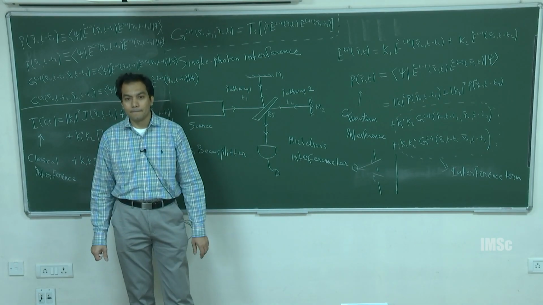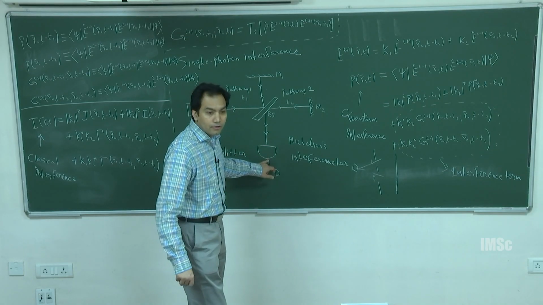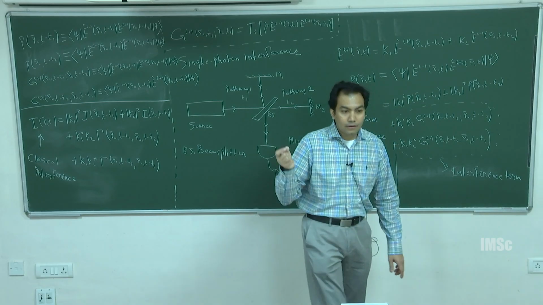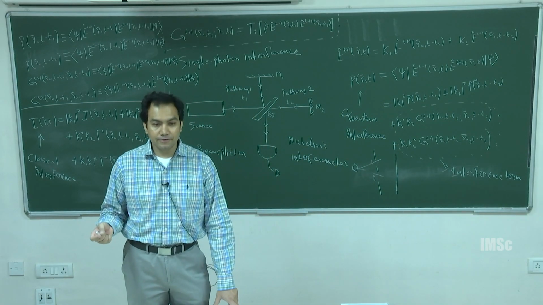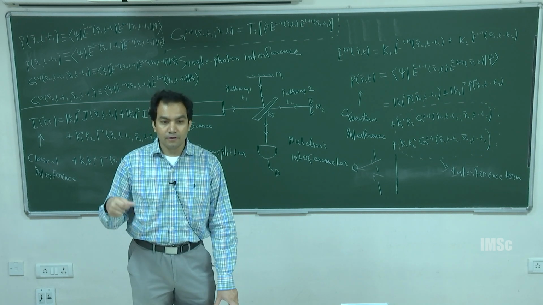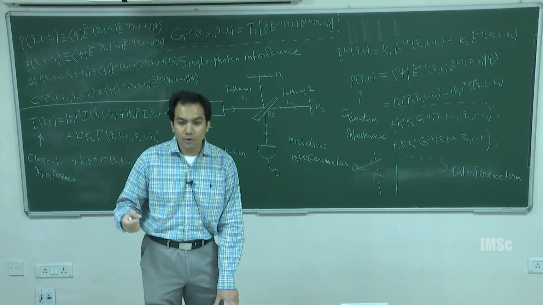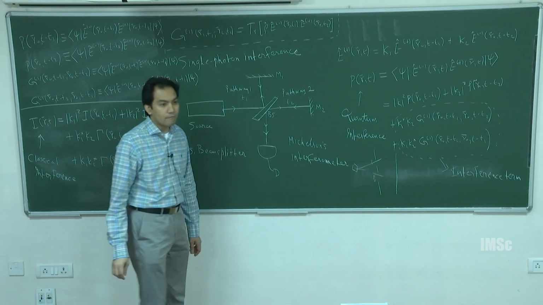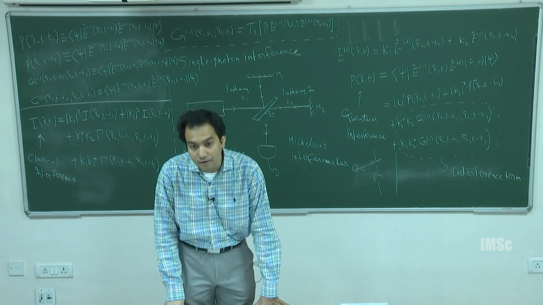So it's not as if you always capture the photon. Here's the thing: single photon interference is a manifestation of the wave nature of a photon, and you observe it when you erase the path information, when you make the two paths indistinguishable or identical.